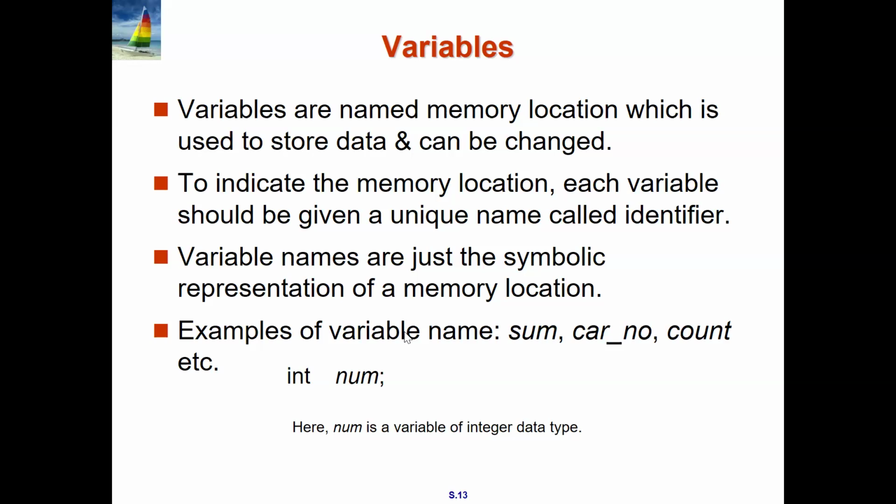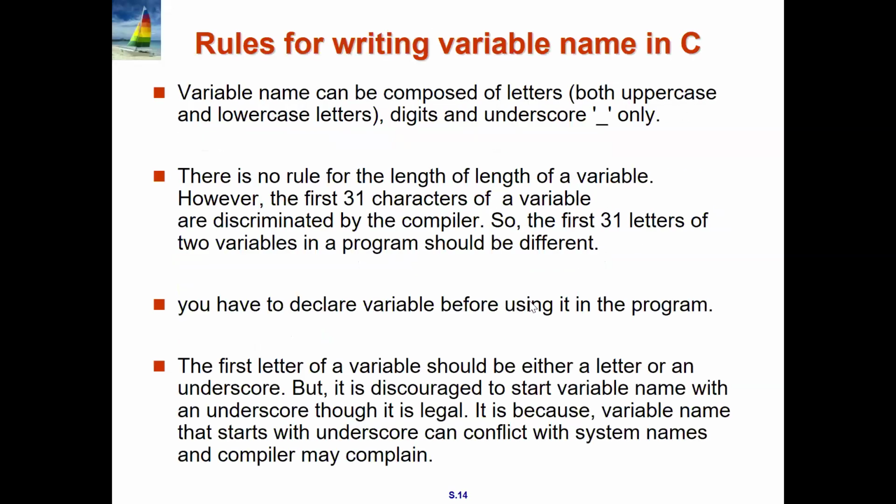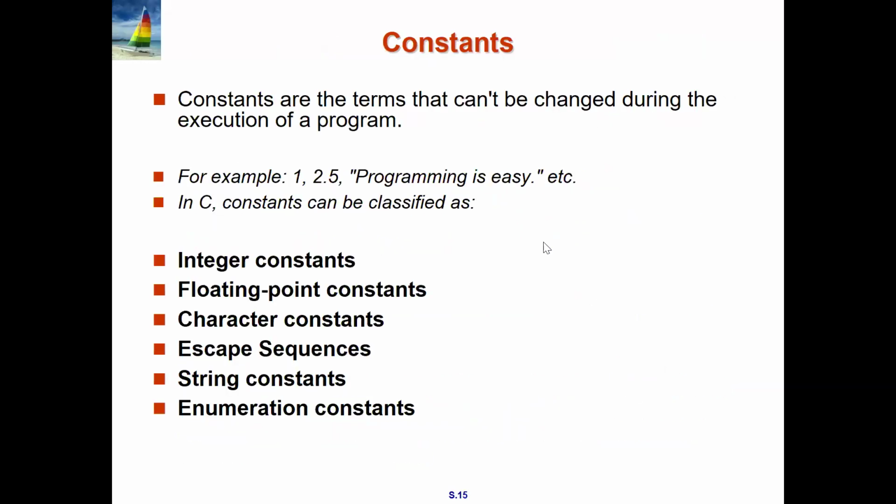Done. So for variables, all the rules from identifier, the same rules apply. ठीक है. So constant.